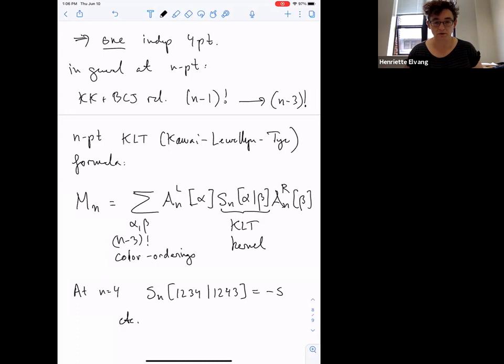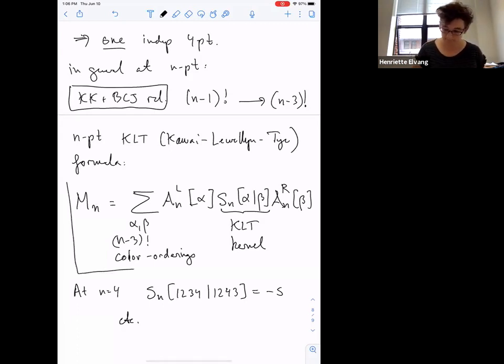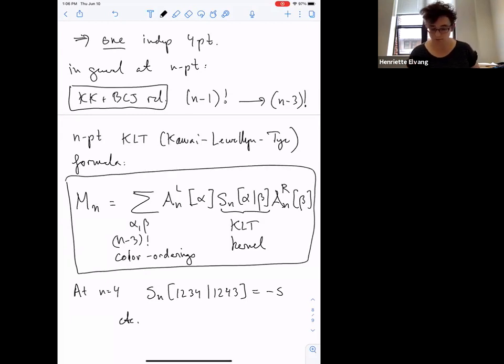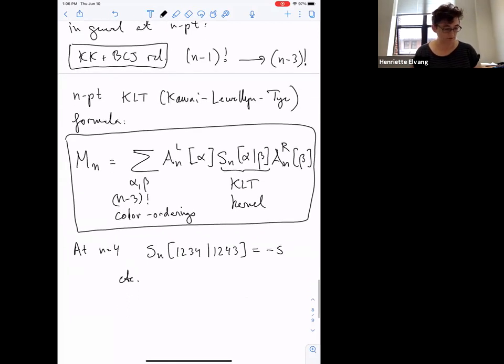Do I always get the same result? And the idea of the BCJ and KK relations is exactly that those guarantee that you get the correct same result, no matter which choice of (n minus 3) factorial labels you sum over in this formula. So this is some kind of convoluted product rule of doing amplitudes. And this kernel in particular is known.